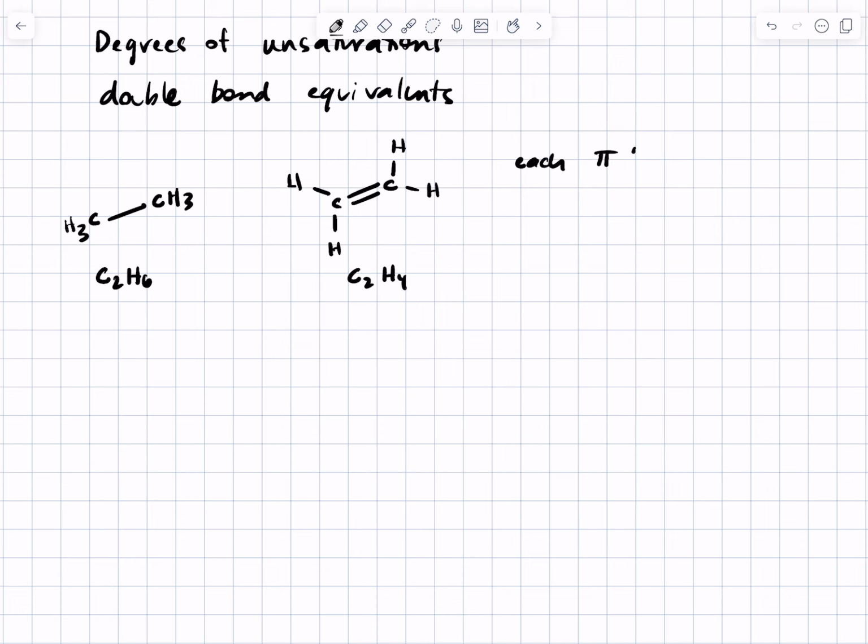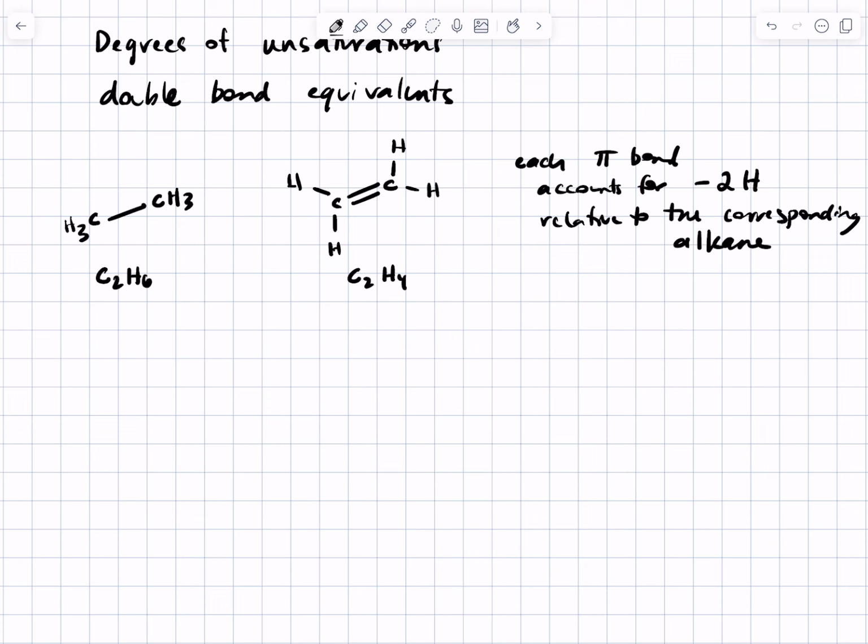Each pi bond accounts for -2 hydrogens relative to the corresponding alkane. And actually you know this, right?